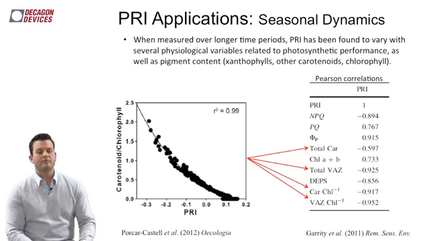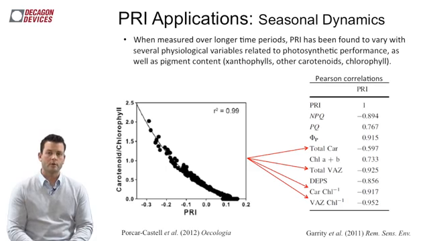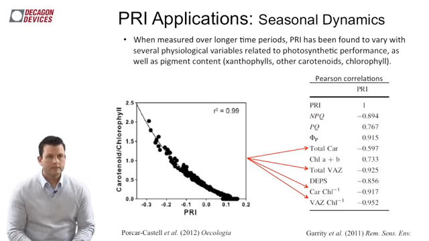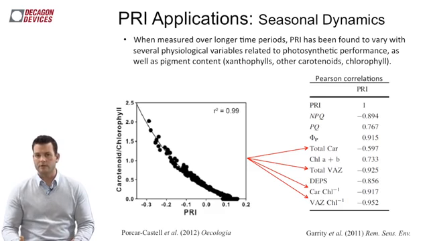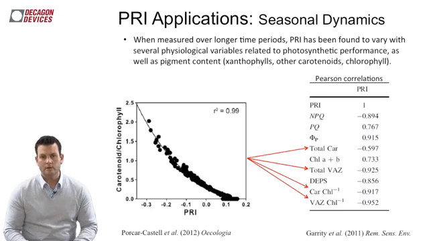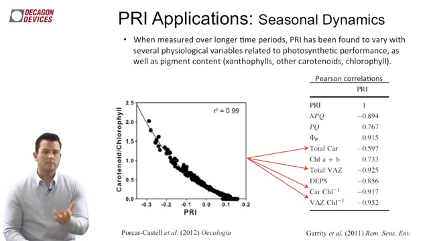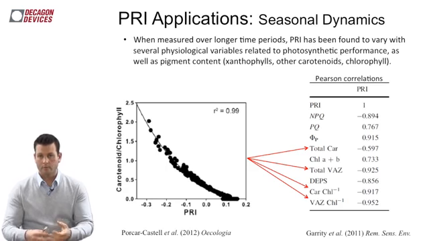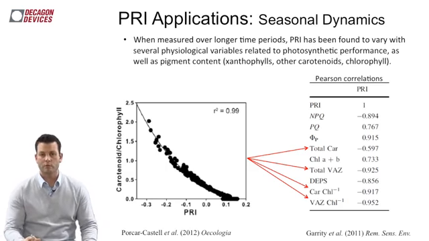But as I said, people have found that there's a really tight correlation between PRI and the carotenoid to chlorophyll ratio. Now, the carotenoid to chlorophyll ratio can be linked with light use efficiency because the carotenoids are accessory pigments. They can play a light harvesting role, but a large majority of them, like the xanthophylls, also play a photoprotective role.